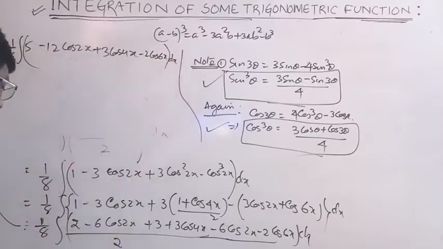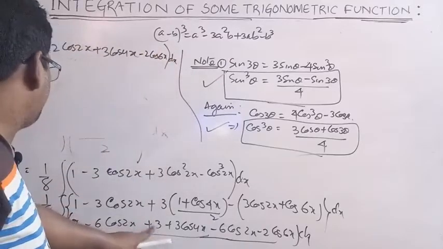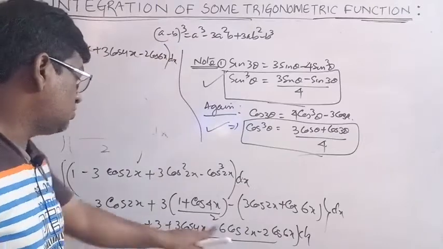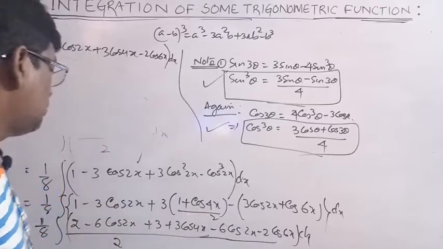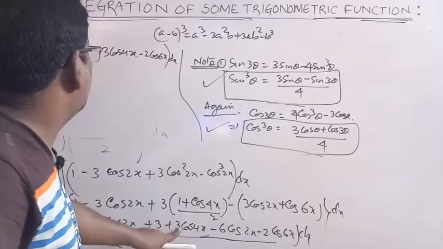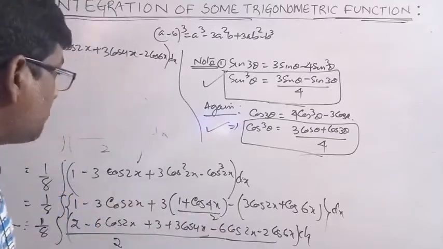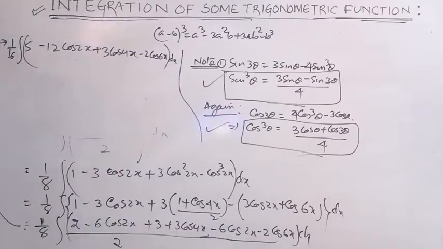Okay, 2 plus 3 is 5, minus 6 cos 2x minus 6 cos 2x, that is minus 12 cos 2x, and 3 cos 4x, and 2 cos 6x.